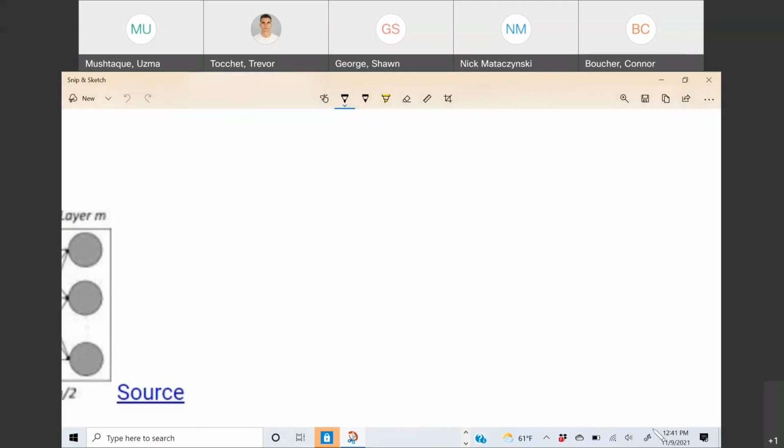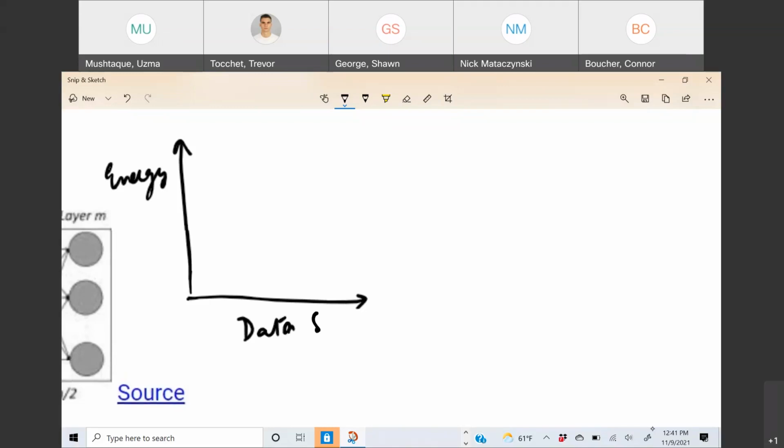Okay. So this entire process in contrastive divergence goes something like this. Let's say you have some way of representing the overall energy of the system, and this is my data space. This is how the paper describes it, so I just took it from there.